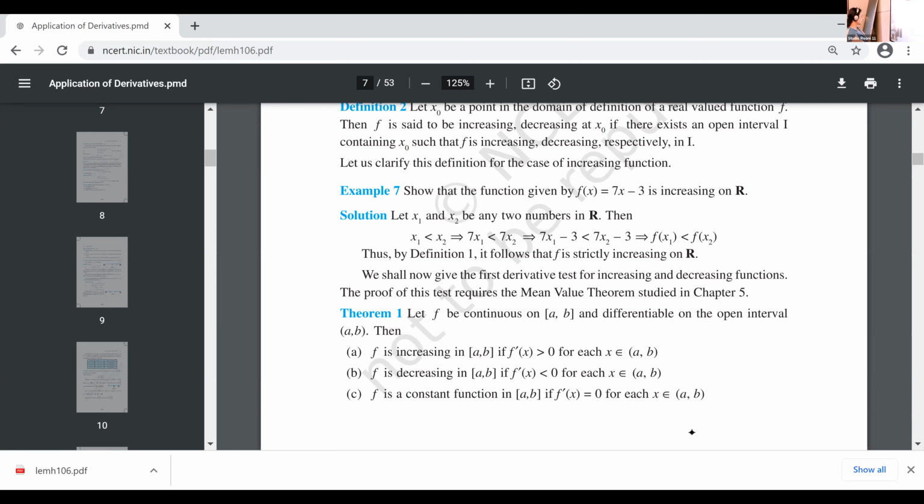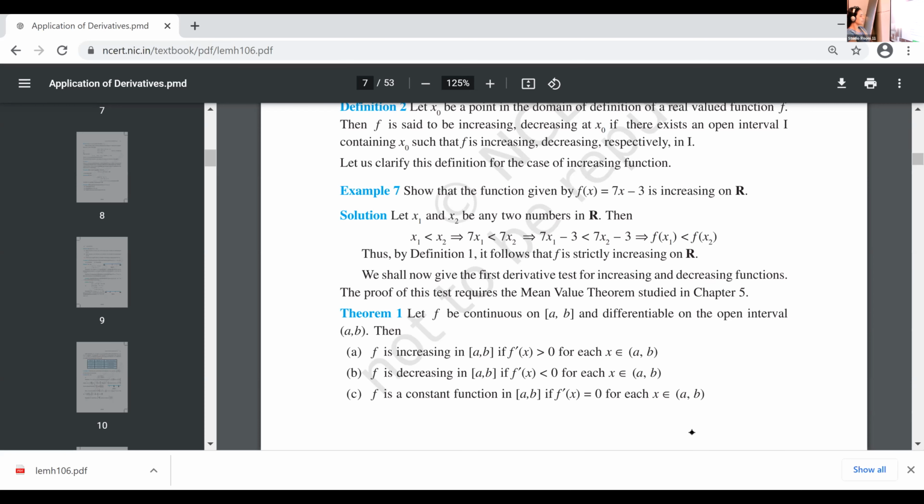Then F is increasing in closed AB if F dash of X is greater than 0. If F dash of X is positive, it is increasing. And if F dash of X is less than 0, it is decreasing. F is decreasing in closed AB if F dash of X is less than 0.